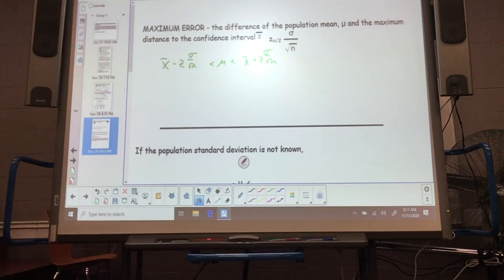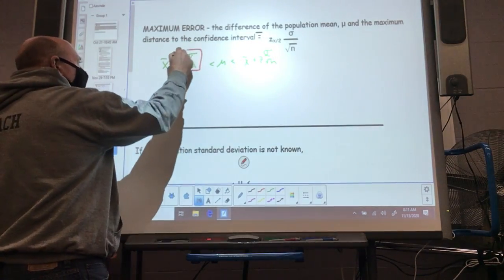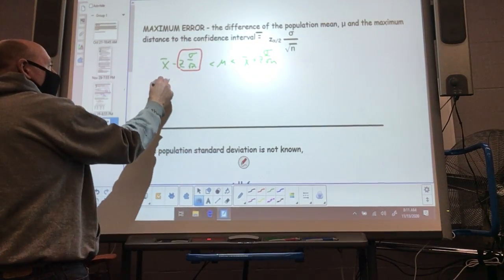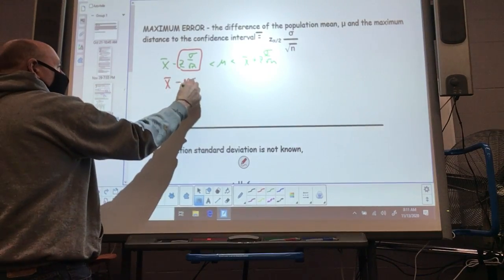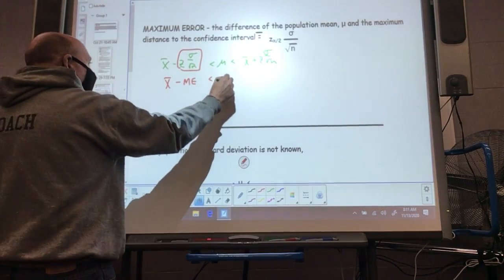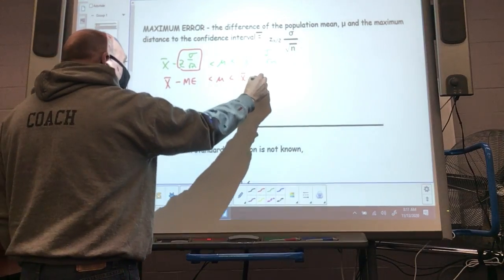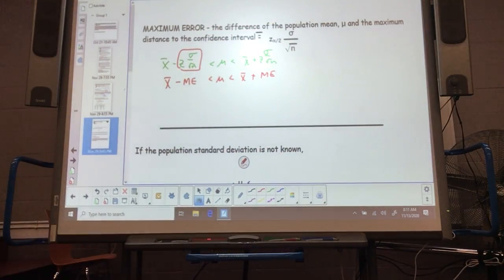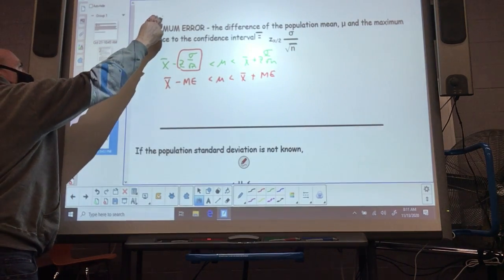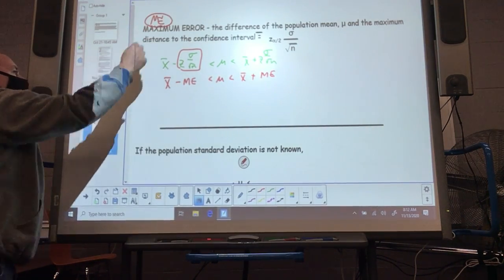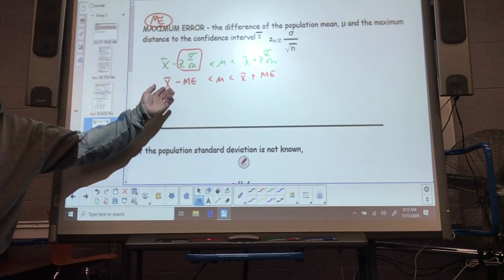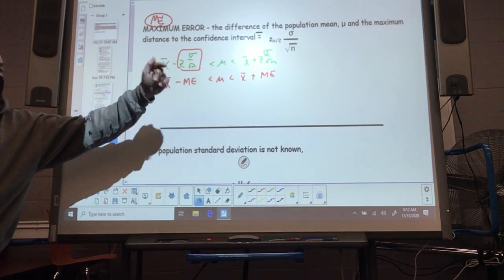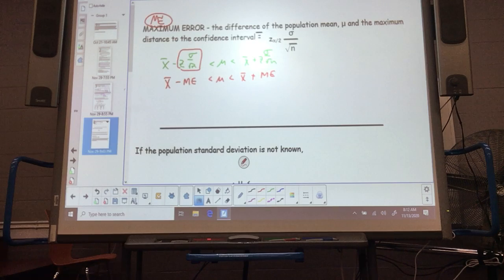This value right here is your maximum error. This maximum error is just x bar minus the maximum error and x bar plus the maximum error.